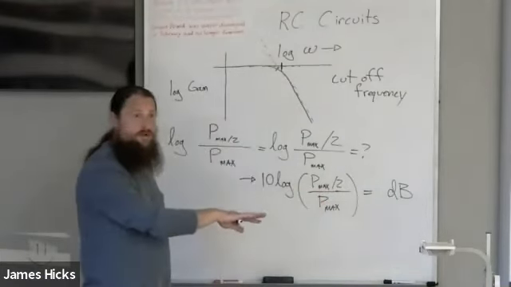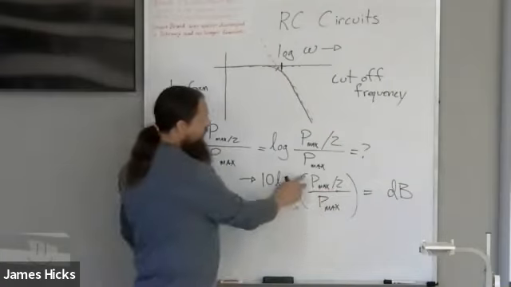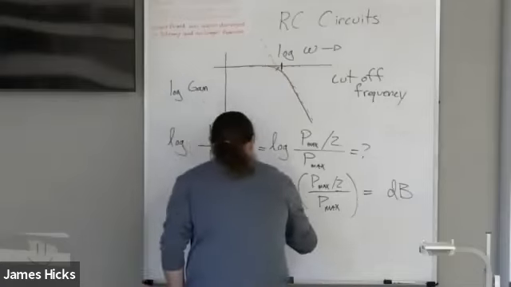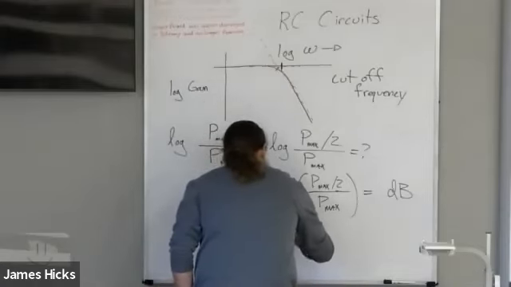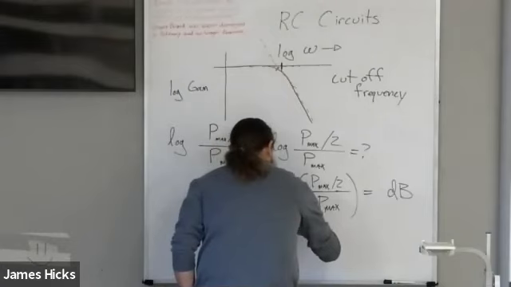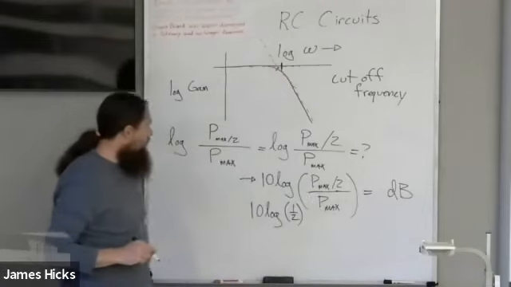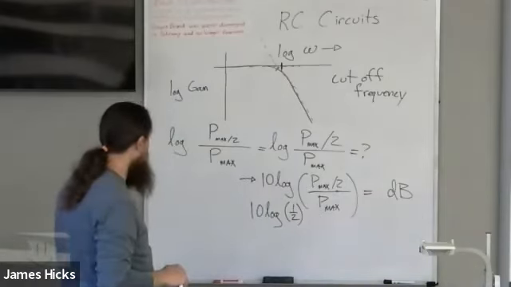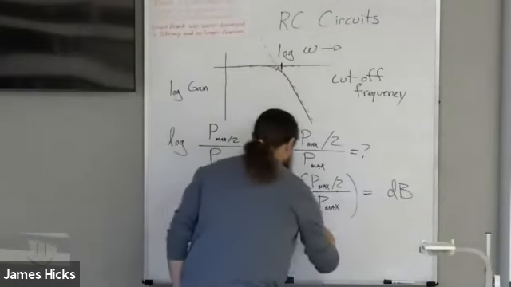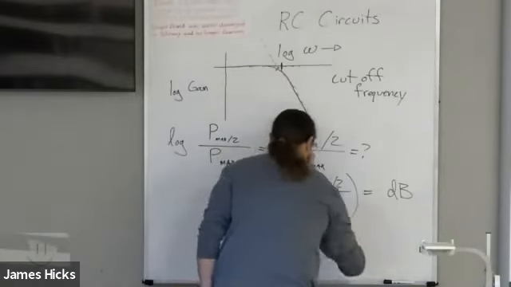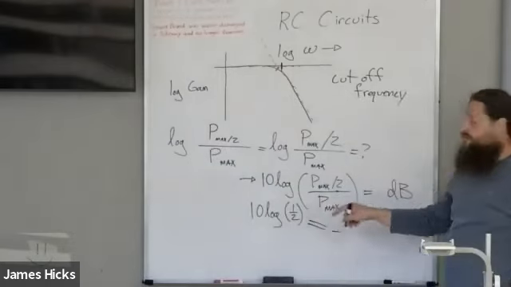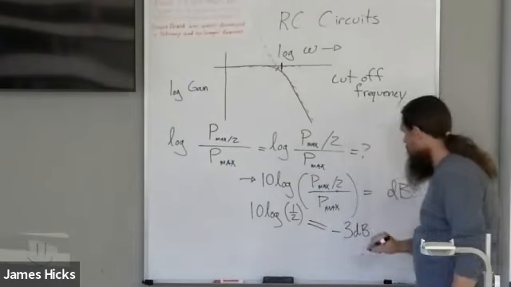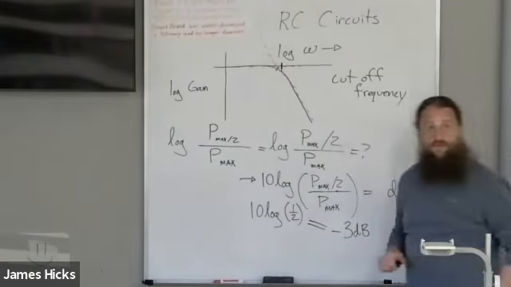This is something that we can start calculating. It's not hard. Pmax divided by Pmax, that cancels out. So this is ten times the log of half, and that, if you just get a number for that, that's at -3 decibels.